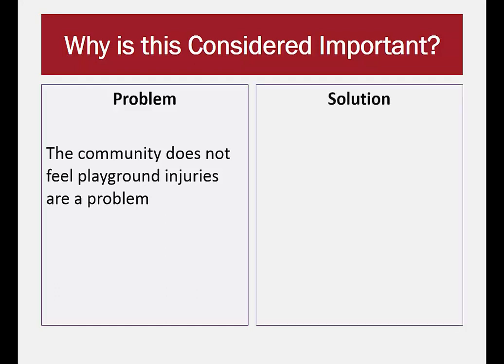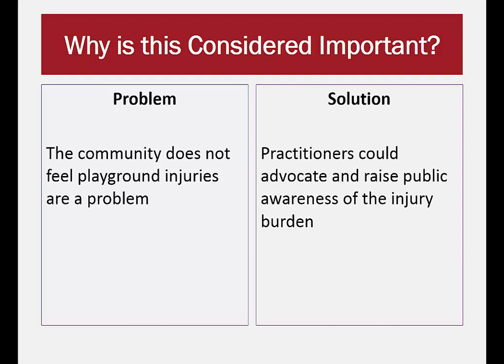One way to begin the process of activating change is to draw attention to the magnitude of the problem. This can be done by presenting the burden of injury, or the rates of injury specific to playground injuries, to the community and/or politicians.